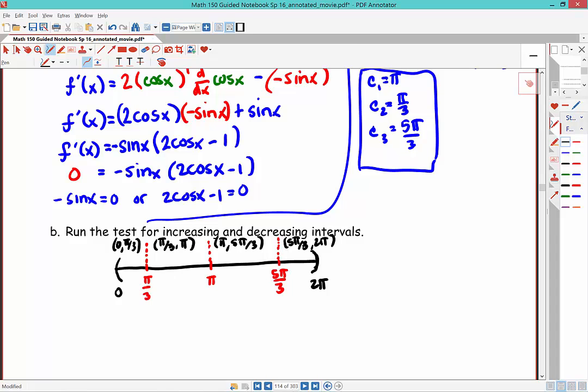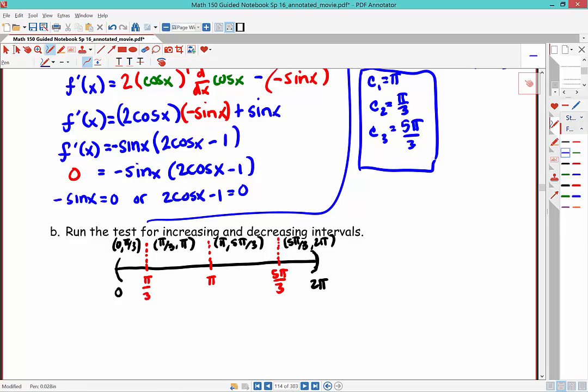So we're going to have 4 intervals to test. I hope you've been seeing a trend where you get one more interval than you have critical numbers, right? That's always a good way to check to make sure you've got everything going well.